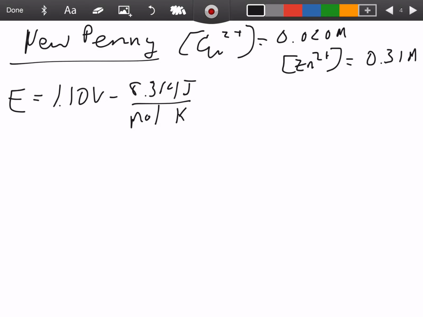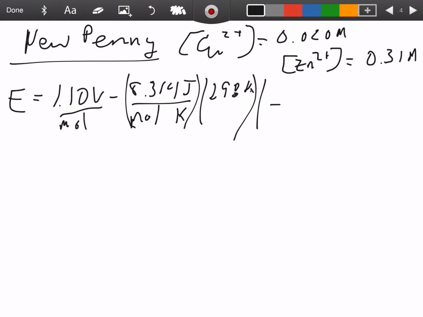It's a mole of the reaction, if you will, and so the 1.10 volts is also for a mole. So that's R. T, we did this at roughly 298 Kelvin, and then I have to divide by n, the number of moles of electrons, which was 2, and then divide by F.